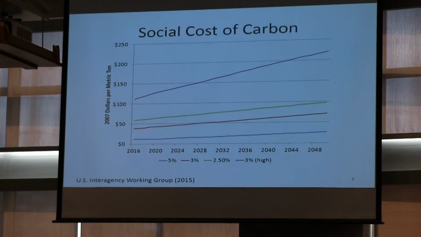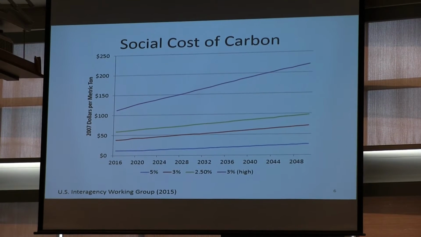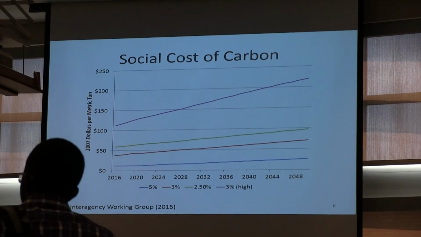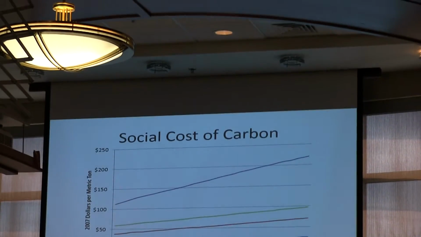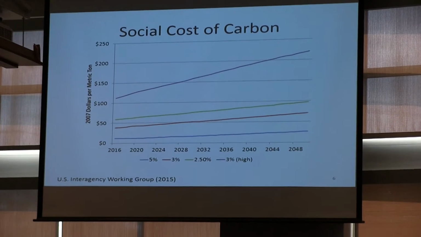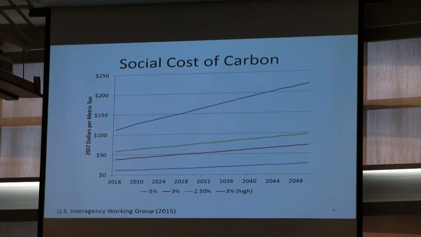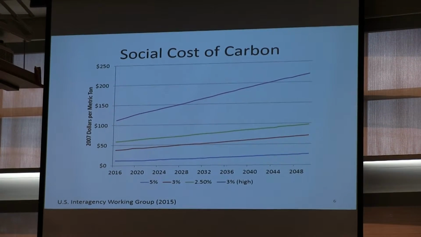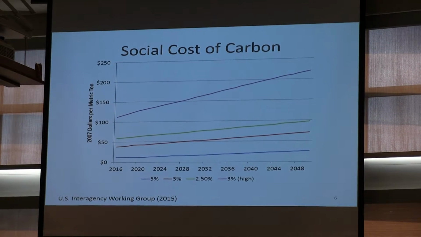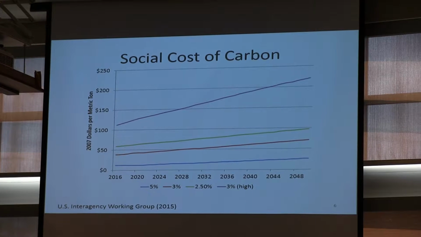These are numbers from the U.S. Interagency Working Group, which starting in 2009 put together a process for developing numerical estimates of the social cost of carbon that could be used in regulatory analysis in U.S. government regulation for the regulatory impact analyses. And so what you see with this, these are numbers from the revised report that came out in 2015.